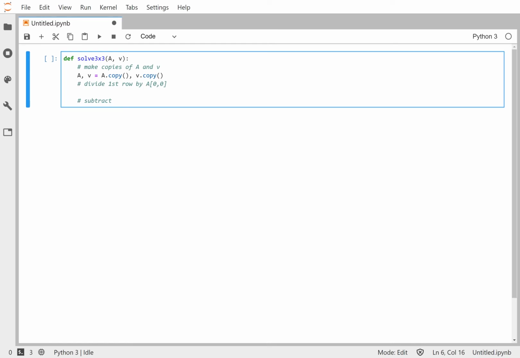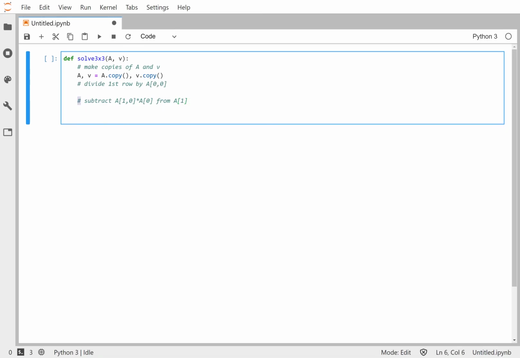That would be A10 is what we'd want to subtract. That would be our multiple, right? We want to subtract A10 times A0 from the row A1. And then we want to do the same kind of thing for row 2, which is the third row in the actual matrix. So we would subtract A20 times A0 from A2.